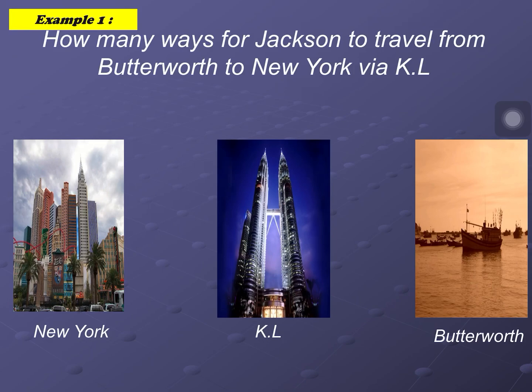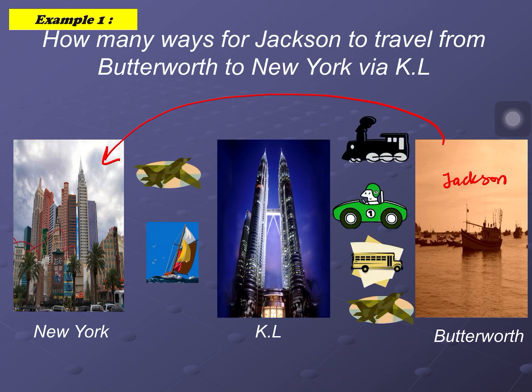How many ways for Jackson to travel from Butterworth to New York via Kuala Lumpur? So Jackson wants to go to New York, but in order to do that, Jackson has to go through Kuala Lumpur first. Now we see that there are four modes of transportation from Butterworth to KL.